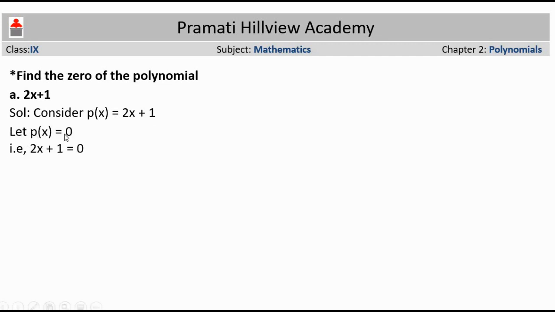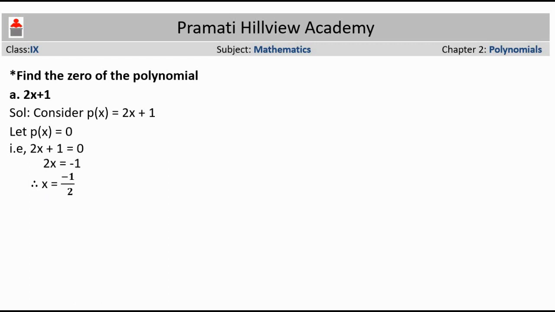Let p of x be equal to 0. That is, we are equating the given polynomial to 0. That is, 2x plus 1 is equal to 0. Then solving this equation, we get 2x is equal to minus 1. Therefore, x is equal to minus 1 by 2.